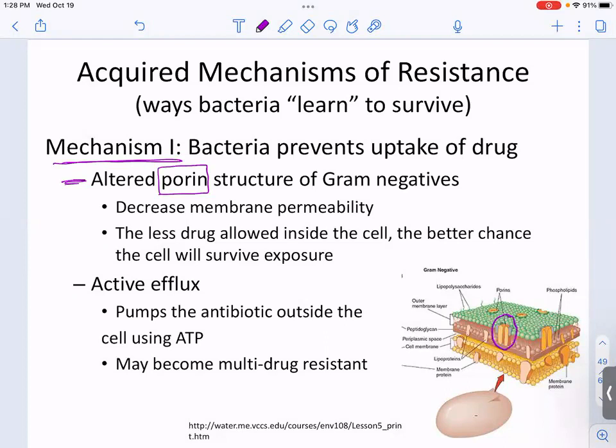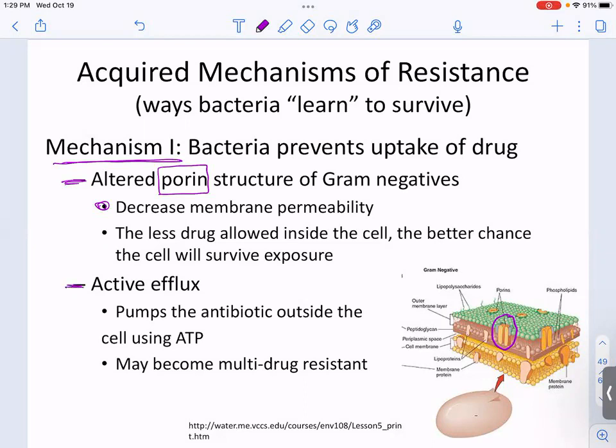They're little channels in that outer membrane that gram-negatives have for transport through that outer membrane. Sometimes just a little point mutation or two can make them specific and not let certain things in. So they're essentially decreasing that outer membrane permeability. And the less drug that gets inside, the better chances that the cell is going to survive.